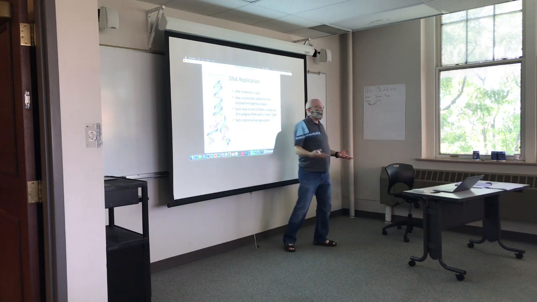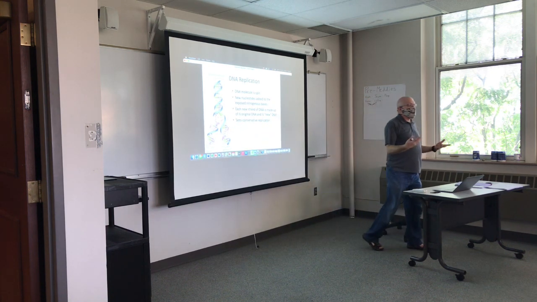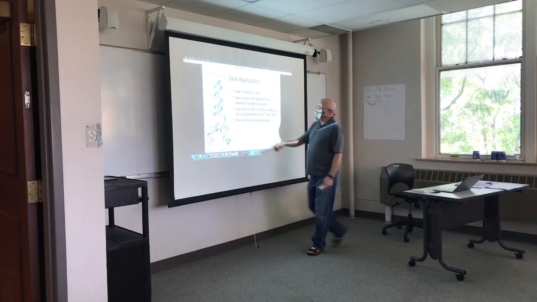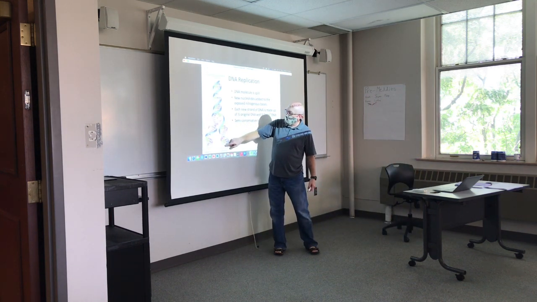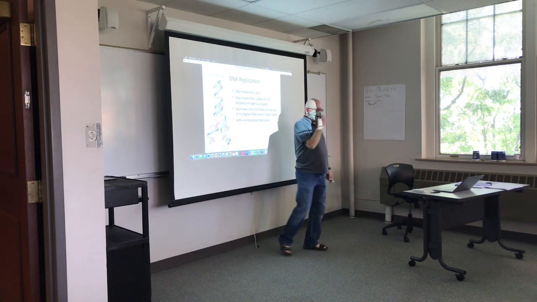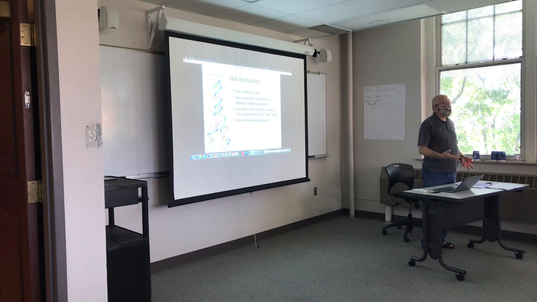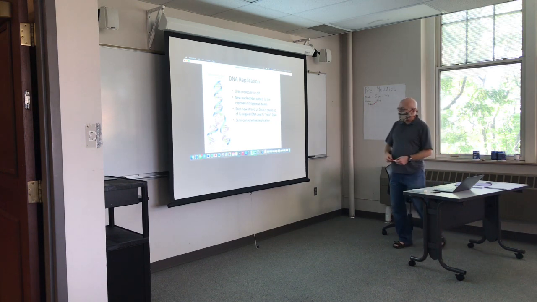From this single DNA molecule, you can then build two new DNA molecules, but each of those new DNA molecules is made up of half old DNA and half a new strand of DNA. Because of this, we call it semi-conservative replication, because half of the new molecule is made up of old template DNA and the other half is made up of newly constructed DNA.